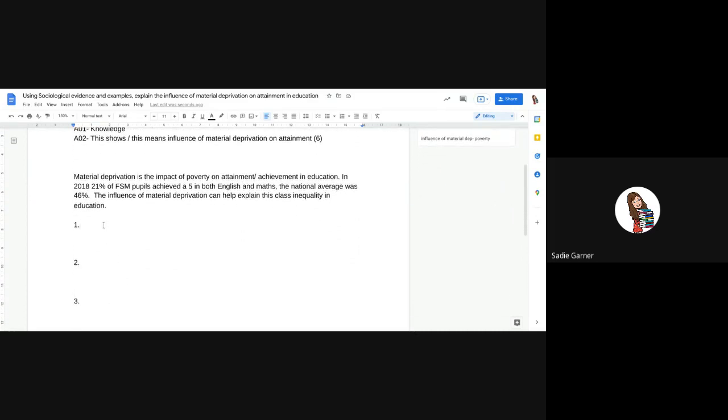So paragraph 1, I'm going to do Smith and Noble. So I know they talk about material deprivation. So Smith and Noble argue that material deprivation can cause poor quality housing.